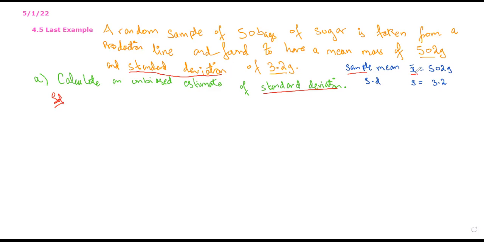So be very clear. X bar is sample mean, but mu is population mean, right? So there are differences, which I will tell you after this question. That is okay if you don't know them so far. Now the question here is, you have to find an unbiased estimate of the standard deviation, but here you already have a standard deviation.